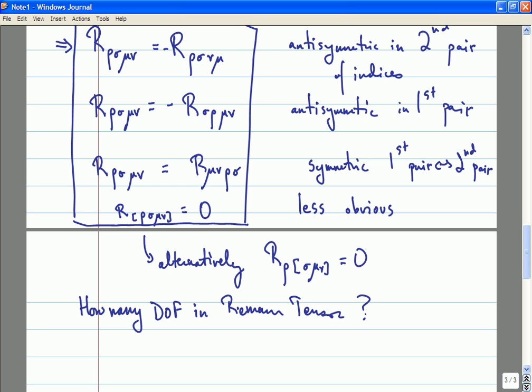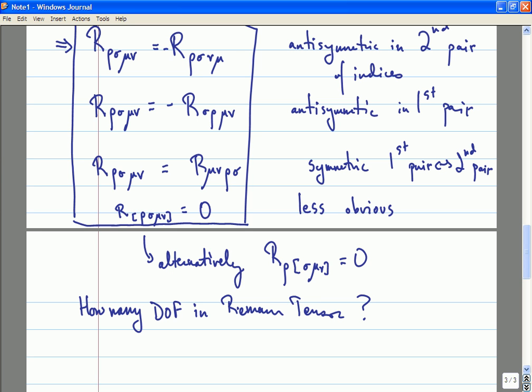This is, I think, an instructive little exercise, which will hopefully convince you that the Riemann tensor contains all of the possible information contained in the second derivative of the metric. So let's ask then, how many degrees of freedom will there be in the Riemann tensor, given the fact that it obeys all of these various boxed identities that I have written up above?